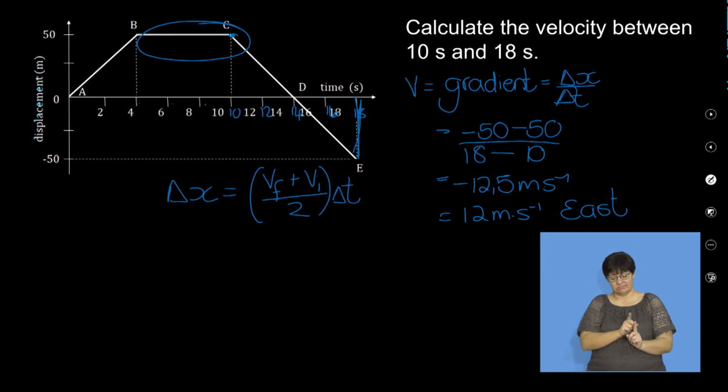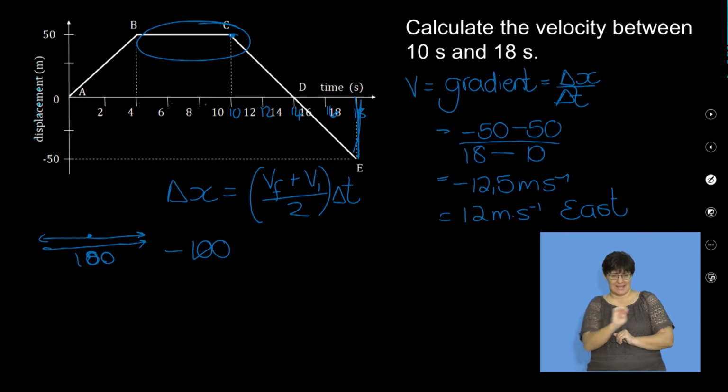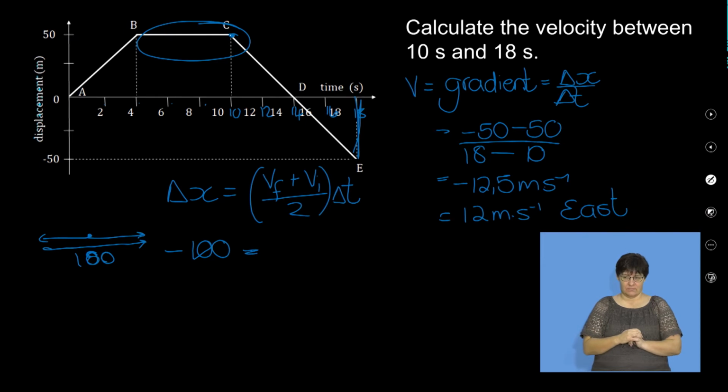So if I had to draw it, here's where it starts, he was there, then he went there. So his displacement is 100 east. In other words, this is minus 100. Okay? We know that the velocities are the same.